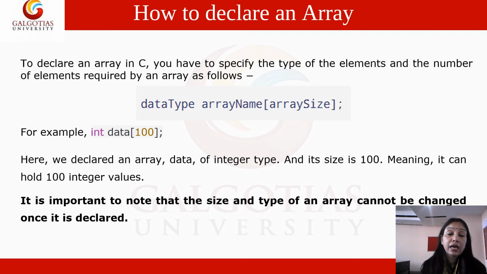So I suggest you declare according to your requirement, because sometimes students, if the problem is like add 5 numbers, just write int a[100] at the time of declaration, and we are not going to store 100 elements.